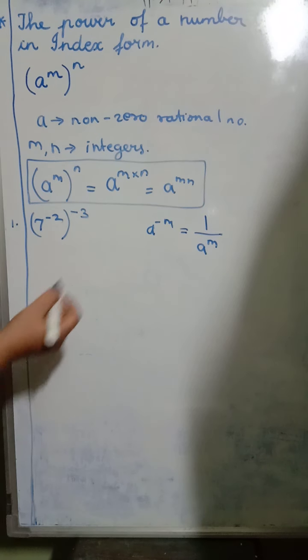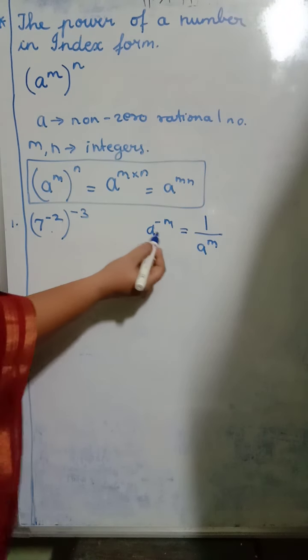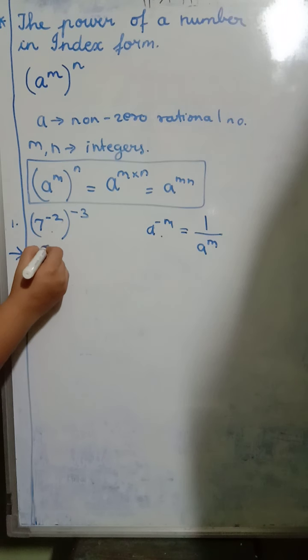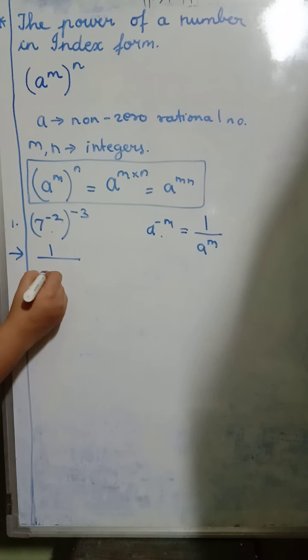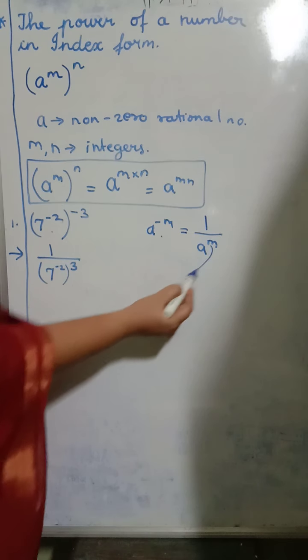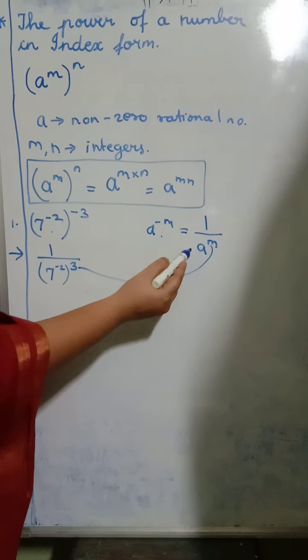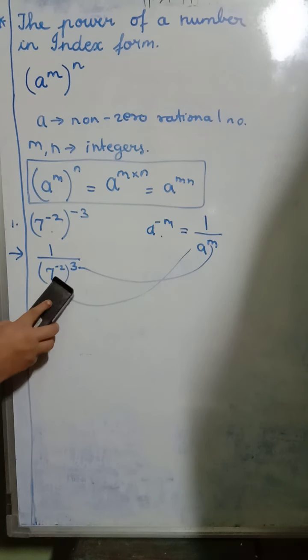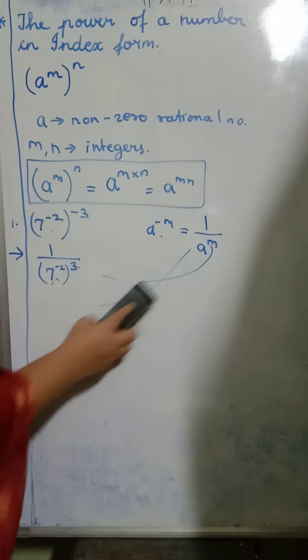Now if we consider this as that, then our next step will be 1 upon 7 raised to negative 2, this is our a, raised to positive 3, this is m. Understood?